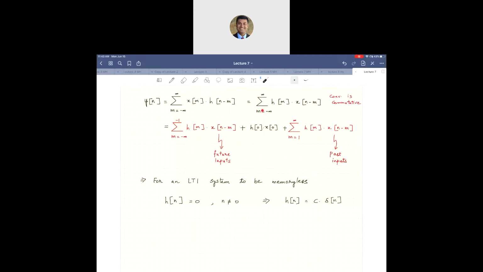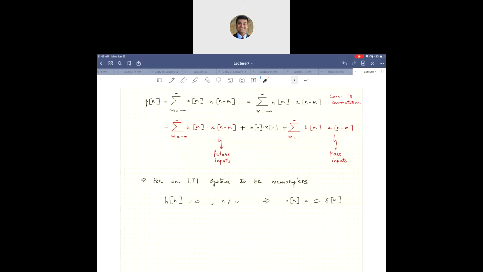Now I can break this convolution or summation into 3 different terms. The first term is when m goes from -infinity to -1. The second term is when m is 0. The last term is when m is 1 to infinity.